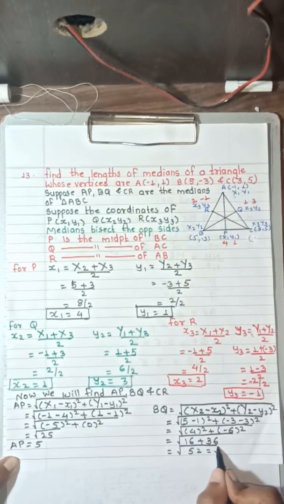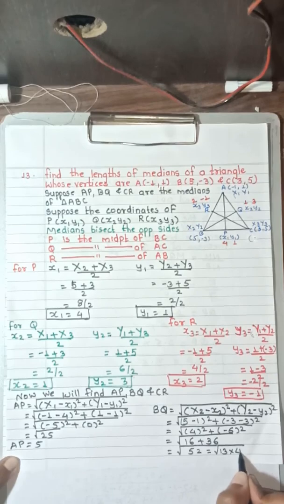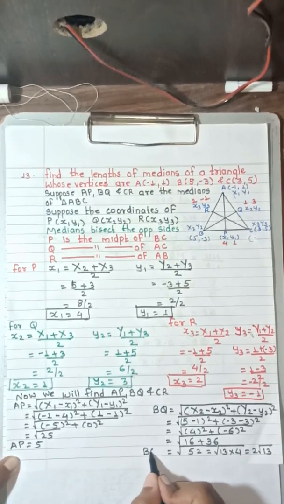That will be equal to under root of 13 into 4, and that is nothing but 2 root 13. So we have got the value of BQ.